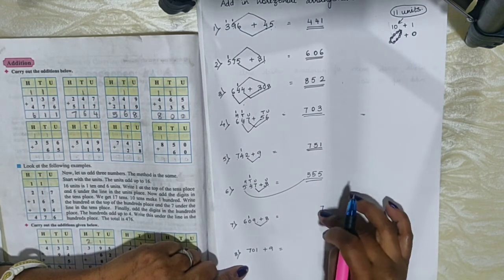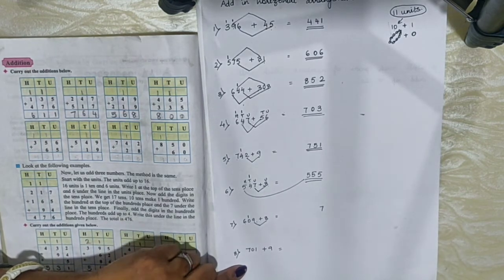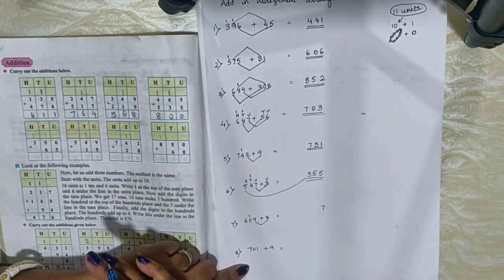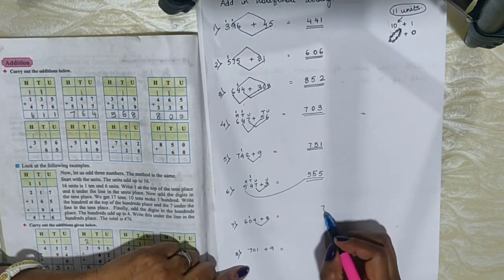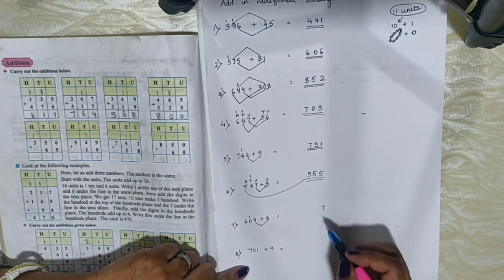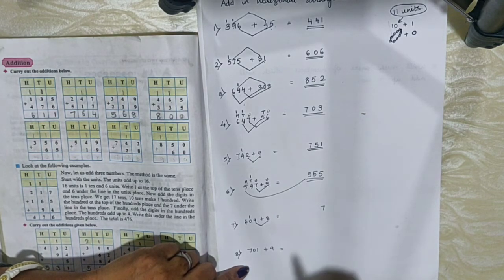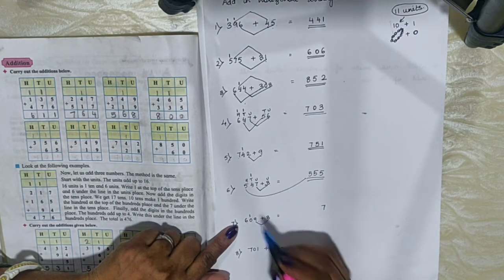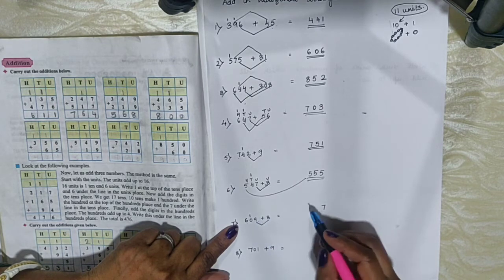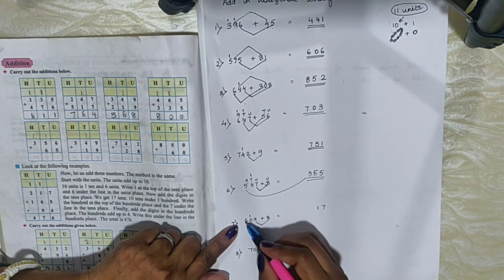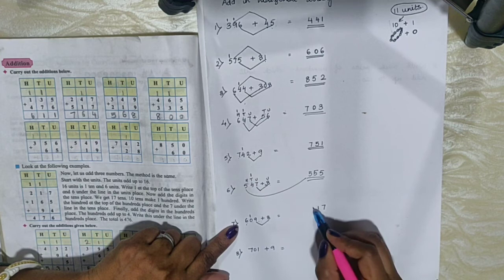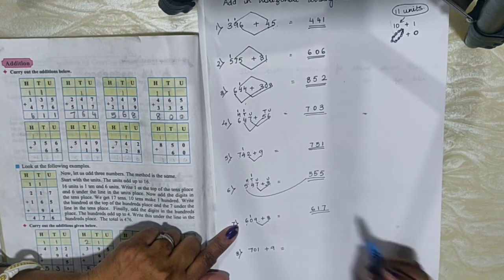You will write 7 and 1 will go to the tens place. You can't write 2 digits over here. You can write only 1 digit over here. So 1 plus 0 is 1. And 6 will go directly to the hundreds place.